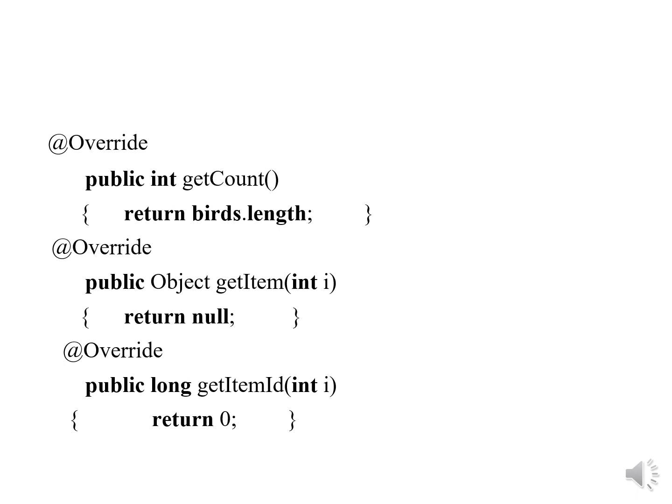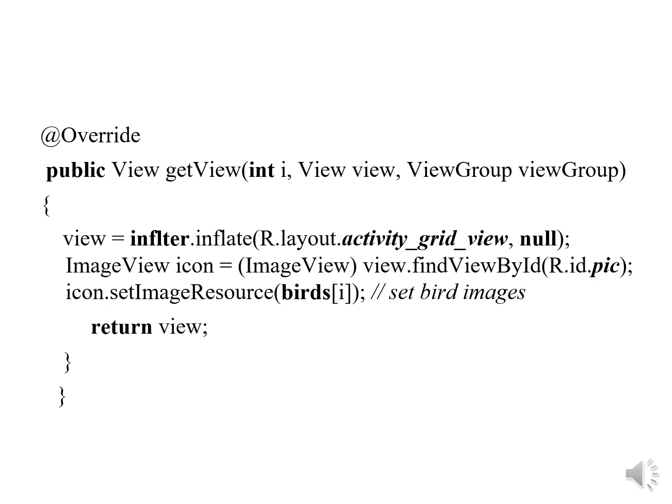You just code it as it is. You are already familiar with layout inflater. We studied it when we studied menus. In the getView method, we are writing code for displaying the image in the image view.